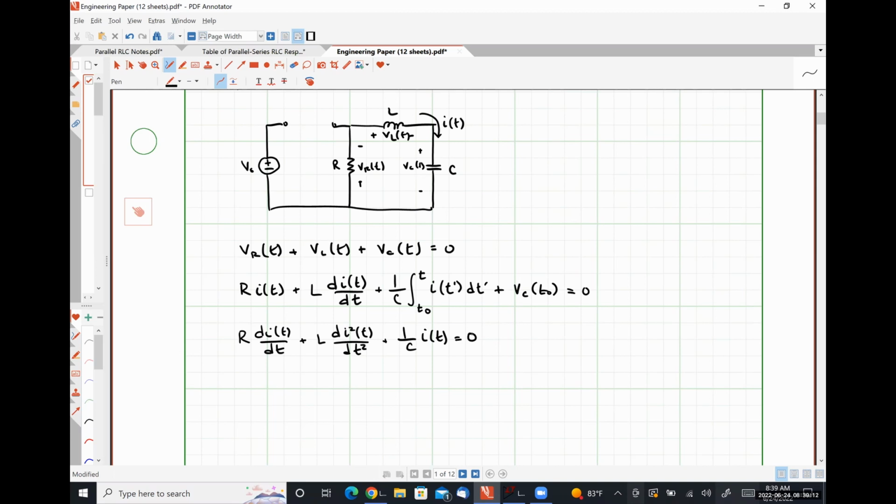And all I'm going to do now is slightly rearrange this equation by making sure that the coefficient of my second derivative term is 1.